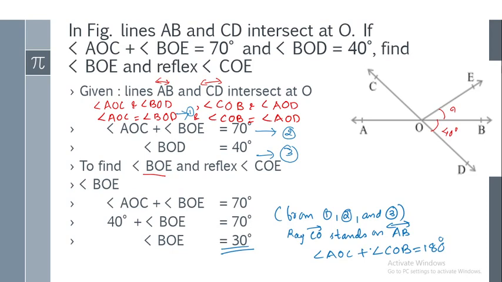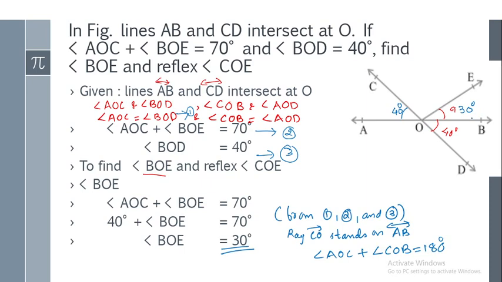We know that angle BOE is equal to 30 degrees and angle AOC is equal to 40 degrees. And angle AOB is equal to angle AOC plus angle COE plus angle EOB, ma'am.